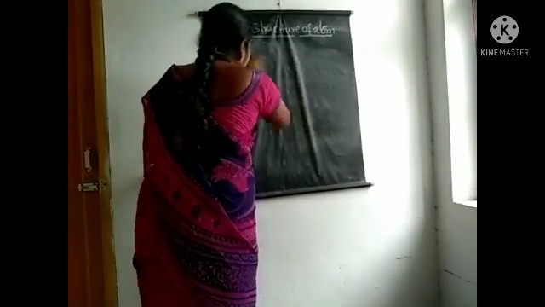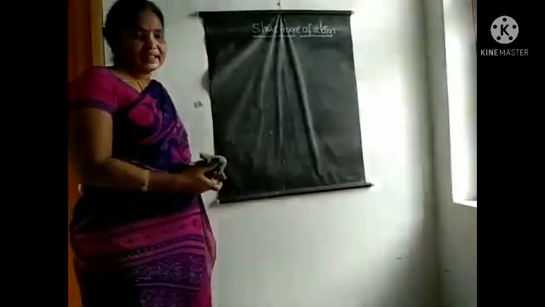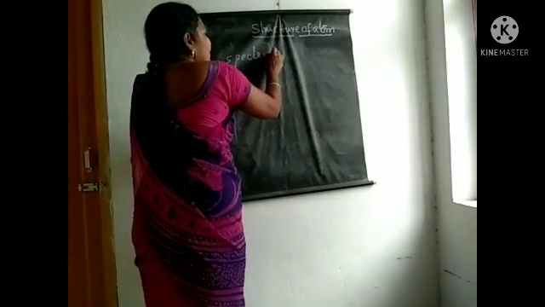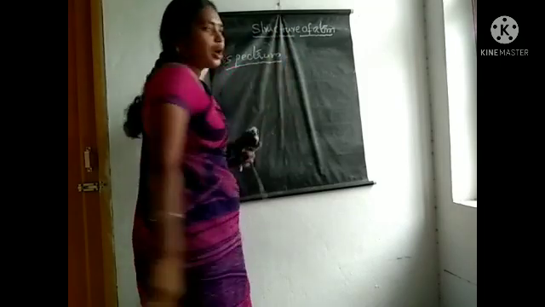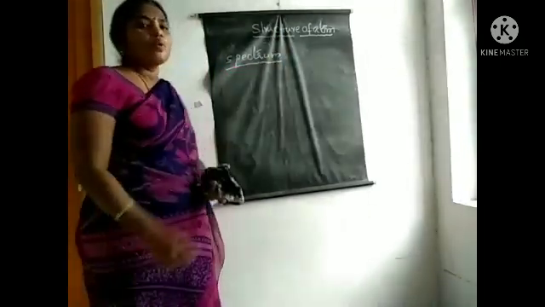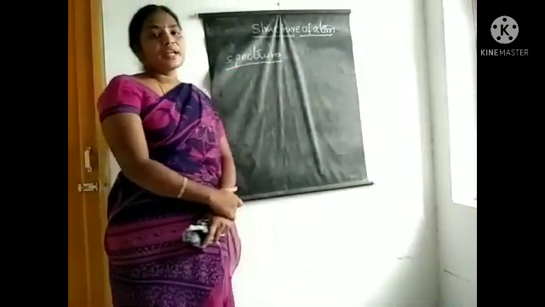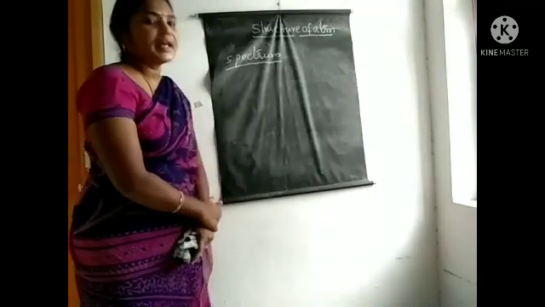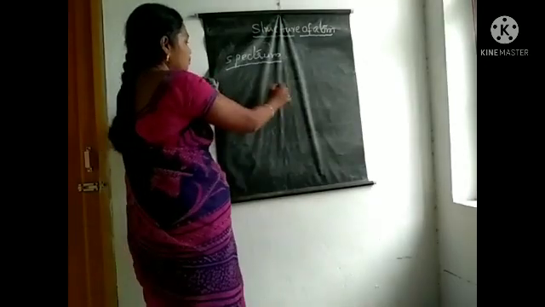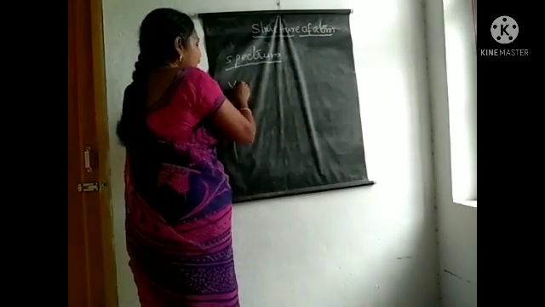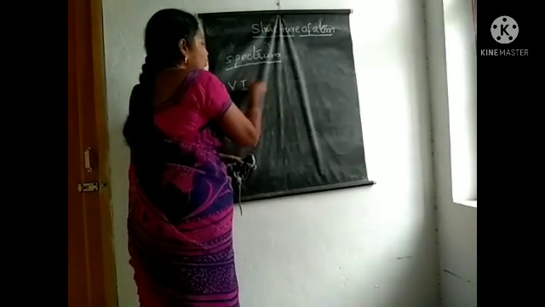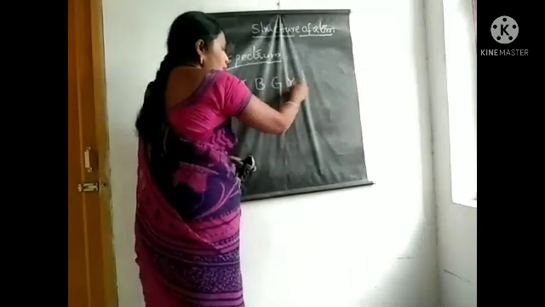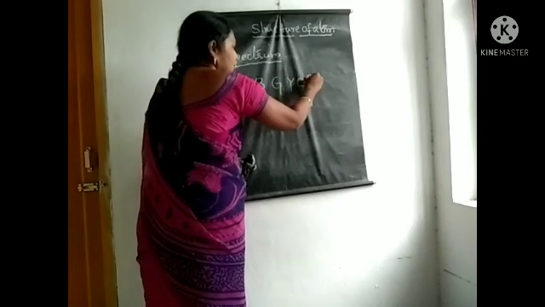Today we are discussing another topic, that is spectrum. Children, are you familiar with a rainbow? What colors in the rainbow have you observed? There are 7 colors in a rainbow. What are they? Violet, indigo, blue, green, yellow, orange, red.